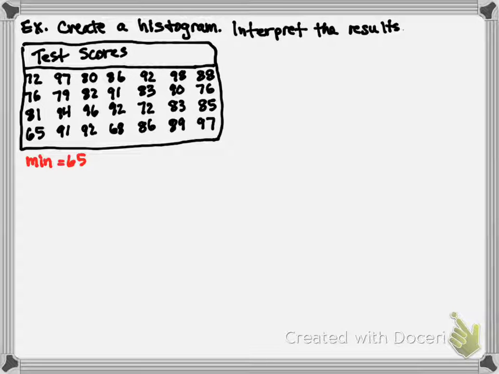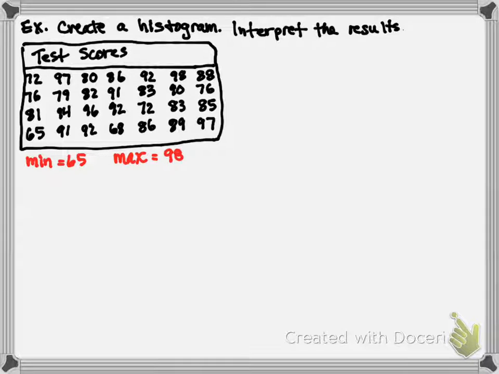Now, I kept saying 90s, so that means my max is going to be in the 90s. So let's see. 97, 98. Ooh, that's the best one so far. Do I have a 99? Going once. Going twice. Nope. 98's our winner. All right, so I got to get from 65 to 98.